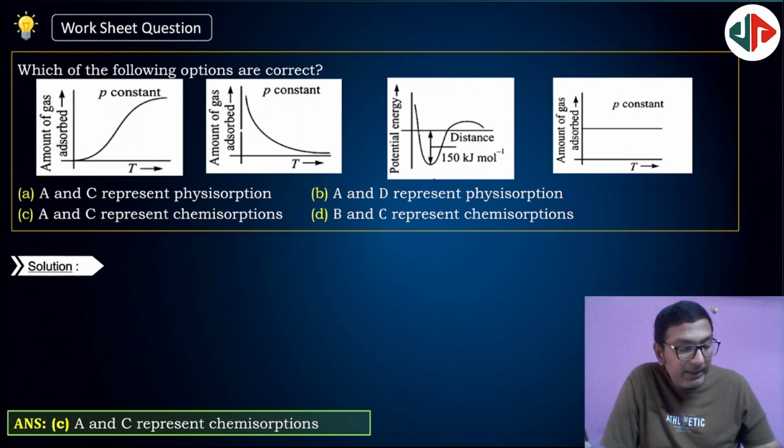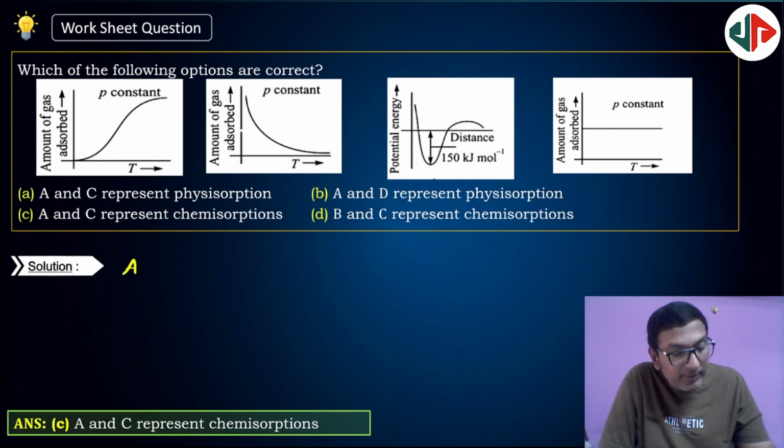Next. So which of the following options are correct? See here, simple. So chemical adsorption, that means first option A. If we take graph A, write options here, A graph, B, C and D. See here, A graph represents chemical adsorption.